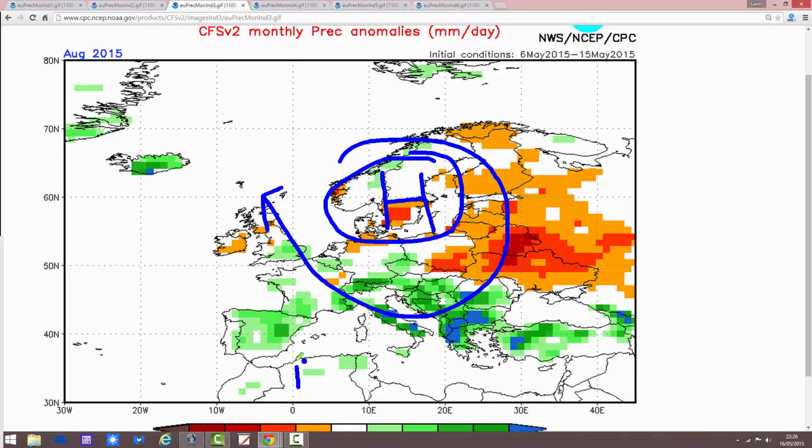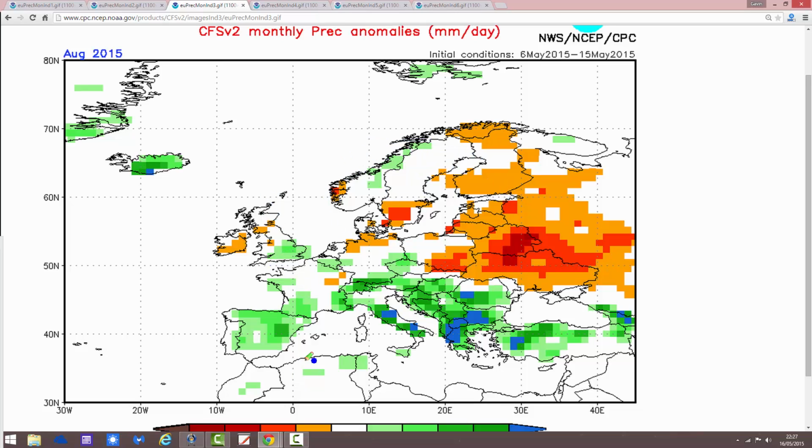We could be opening the door to southerly, southeasterly winds, possibly bringing up the risk of thunderstorms and thundery rain. So potentially a warmer month of August, but also that perhaps holds the best prospect of some thunder.